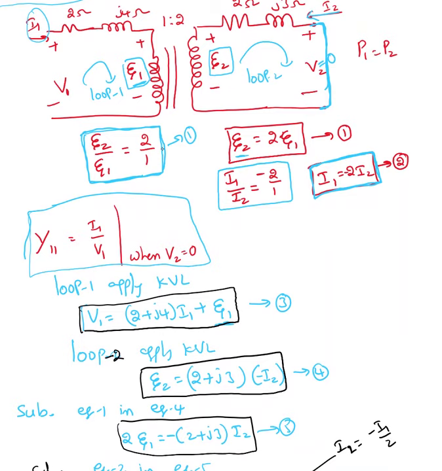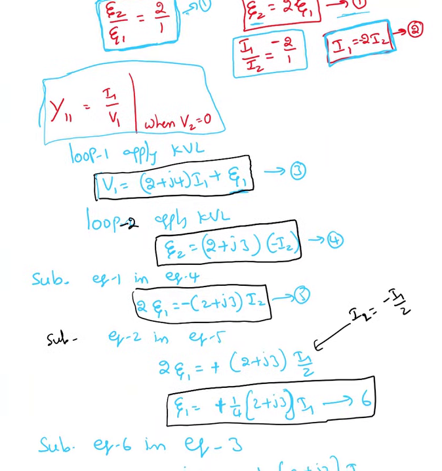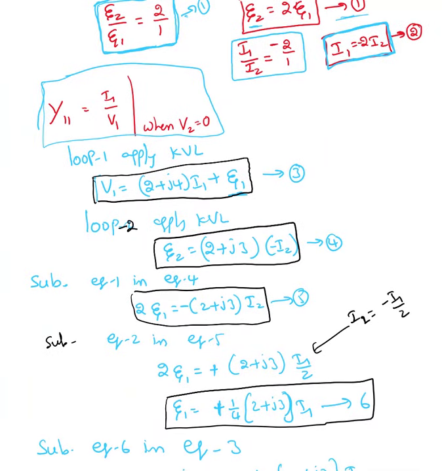So now substitute equation 1 in equation 4. Equation 1 is right here, these two are the same things. So if I substitute E2 equal to 2E1 in equation 4, 2E1 equals minus (2 plus j3) I2. That's my equation 5. Now substitute equation 2, which is I1 equal to minus 2 I2, into equation 5.